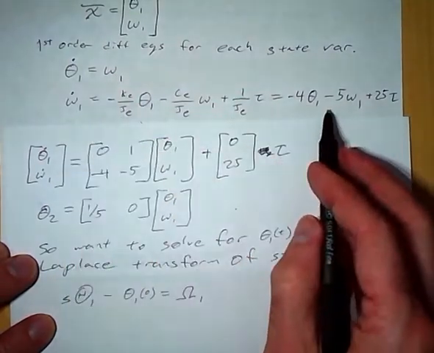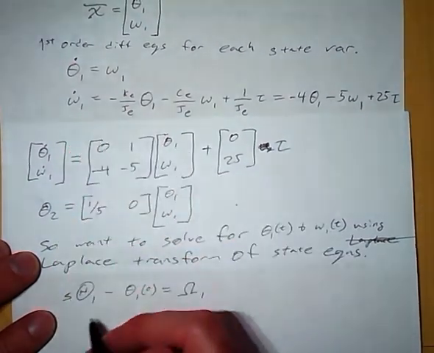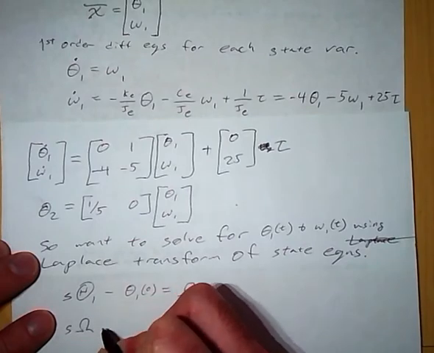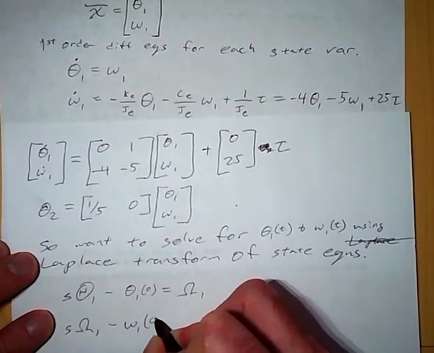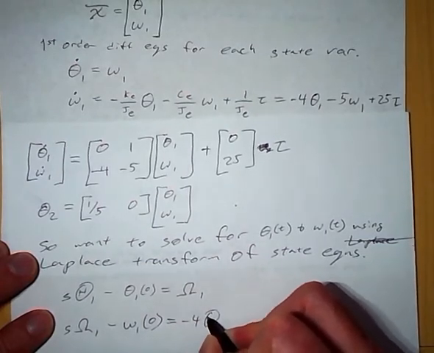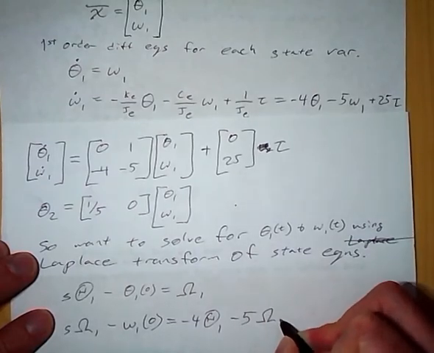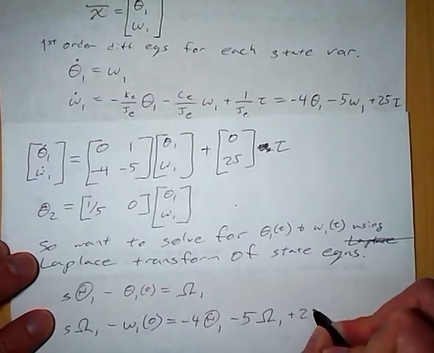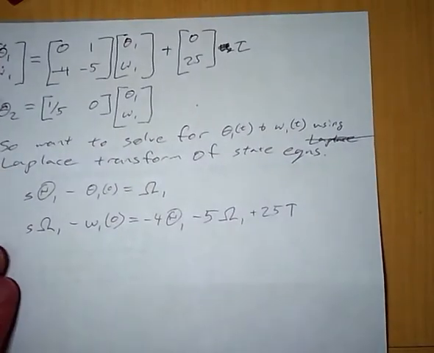Now the Laplace transform of omega 1 dot is S times Laplace transform of omega 1 minus initial conditions of omega 1, and that's equal to negative 4 Laplace transform of theta 1 minus 5 Laplace transform of omega 1 plus 25 times Laplace transform of tau. So there are our two state equations, the Laplace transform of those equations.